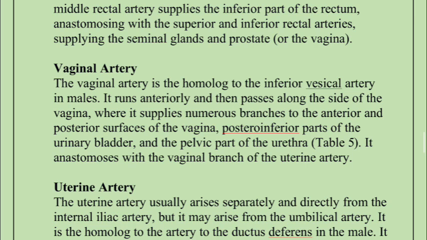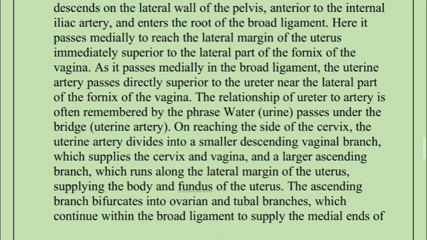The uterine artery descends on the lateral wall of the pelvis anterior to the internal iliac artery, and it enters the roof of the broad ligaments. At this point, the uterine artery passes medially to reach the lateral margin of the uterus, immediately superior to the lateral part of the fornix of the vagina.